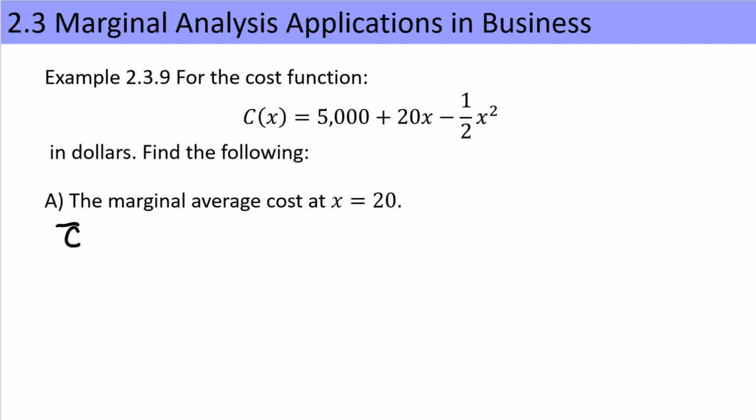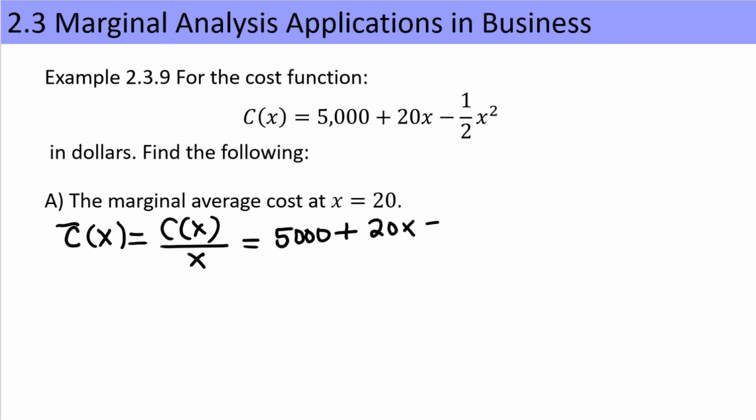The average cost function is the cost function divided by x. So we will have 5,000 plus 20x minus 1/2 x squared, all divided by x.